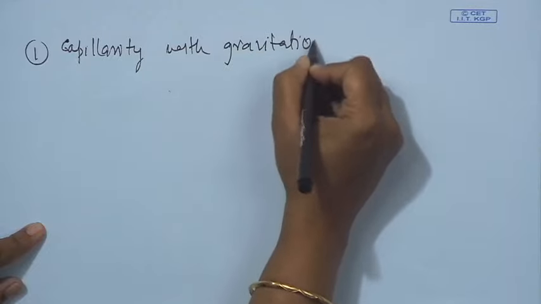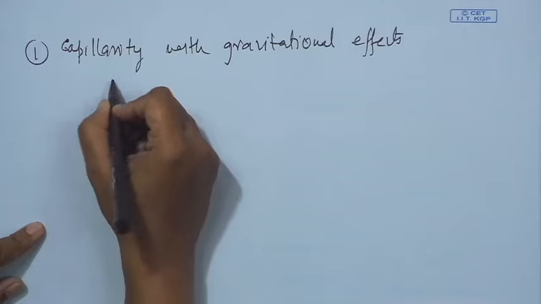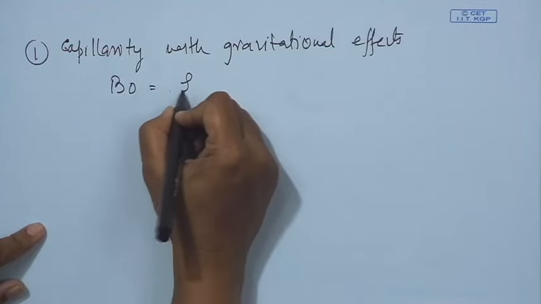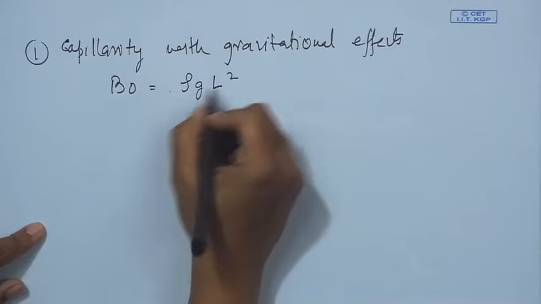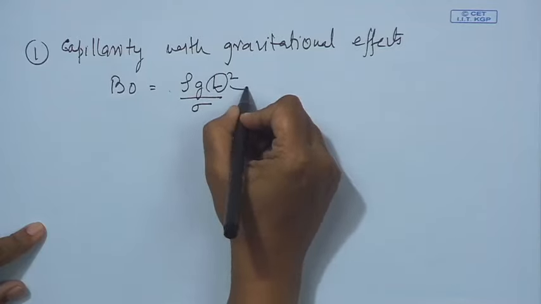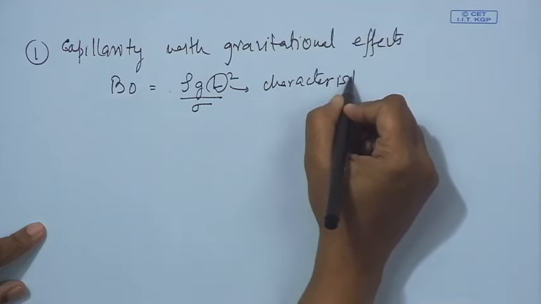We have already come across this particular number which we call the Bond number, and this is actually defined as rho g L square by sigma, where L is a characteristic dimension.